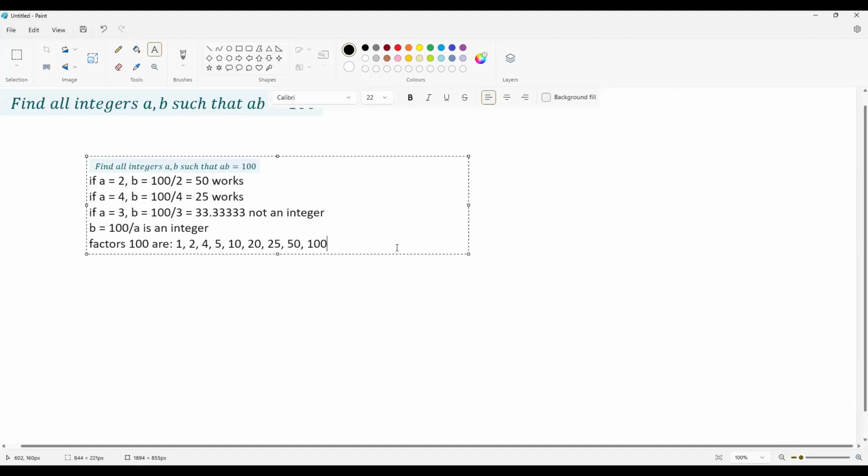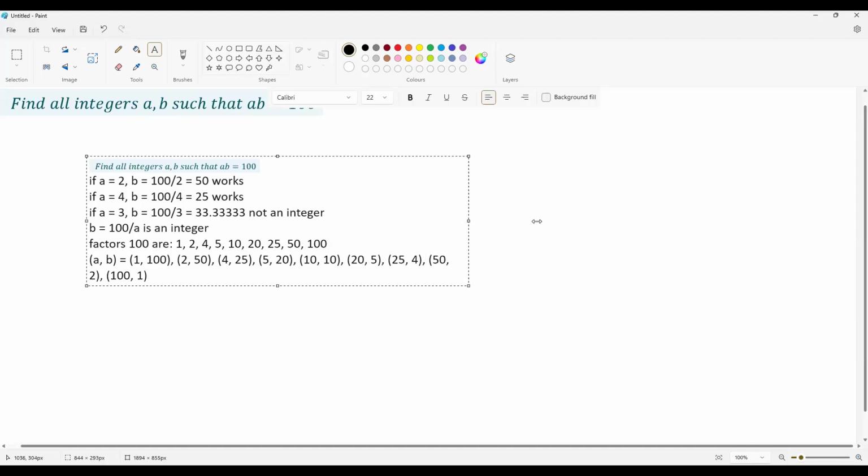So if a is equal to 1, then b is equal to 100. If a is equal to 2, b is equal to 50, 4, 25, 5, 20, 10, 10, 20, 5, 25, 4, 50, 2, and 100, 1.